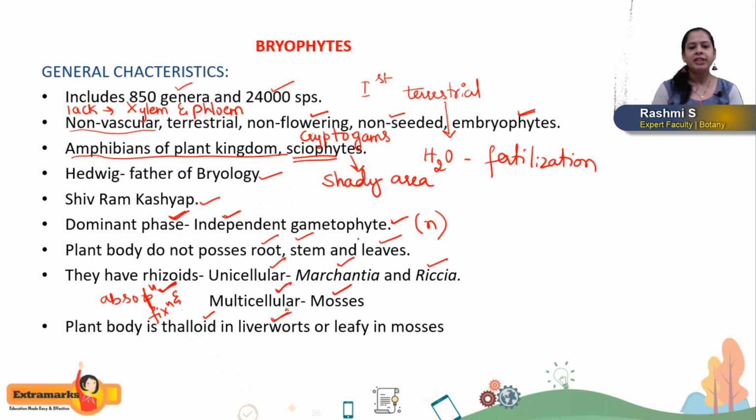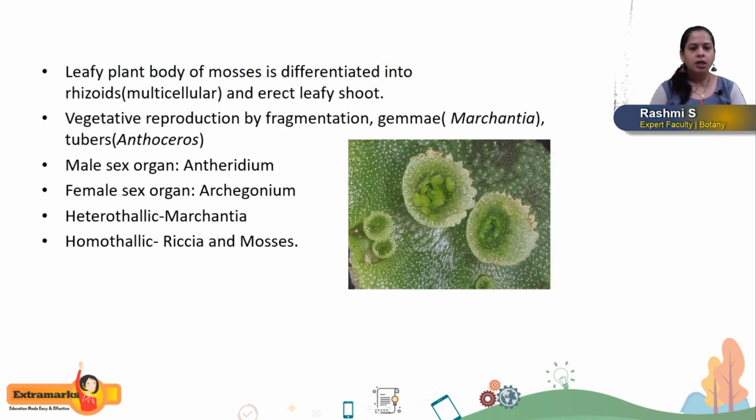The lower bryophytes are still thalloid, whereas higher bryophytes have a leafy structure. In higher bryophytes, that is in mosses, the leafy plant body is differentiated into multicellular rhizoids for absorption and an erect shoot.